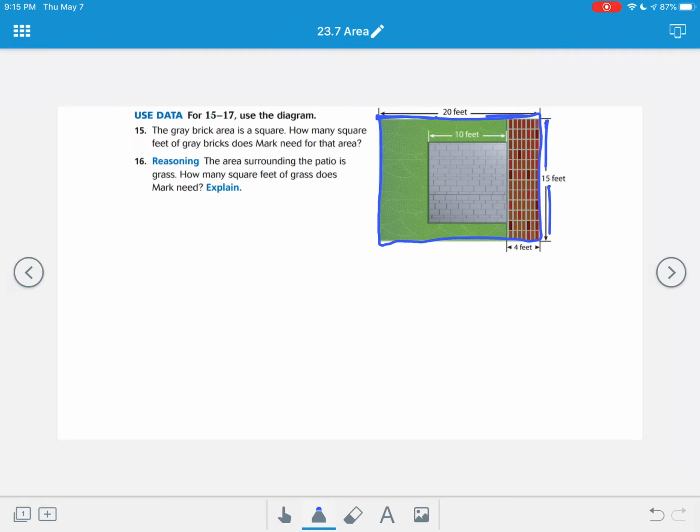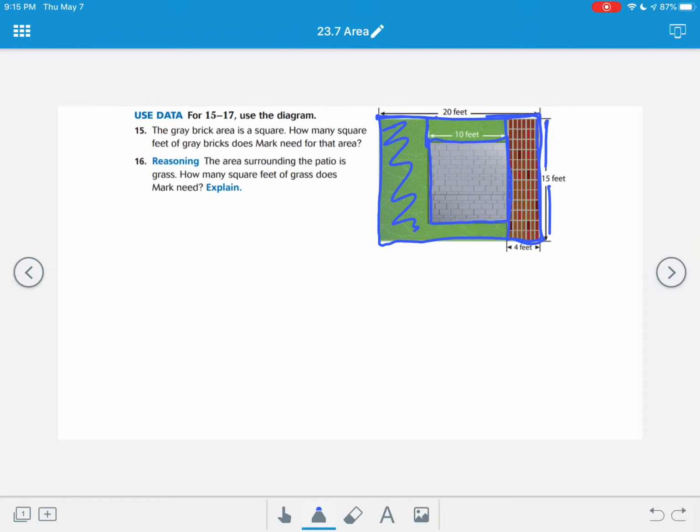So be aware that although the main rectangle is one large rectangle, we have two smaller rectangles, the red brick and the gray brick. And we also have this odd patch of grass that has a rectangle here and then 2 smaller rectangles there.